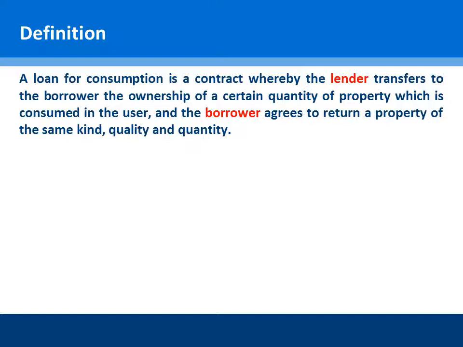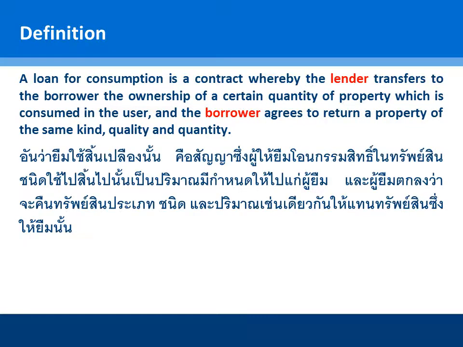It must be the same Bordeaux wine. And the same quantity. If I borrow 1 liter of wine, I must give you back 1 liter of wine. I cannot give you back half a liter of wine. So this is how it works. The lender transfers the ownership to the borrower, and the borrower has the obligation of returning the same property.